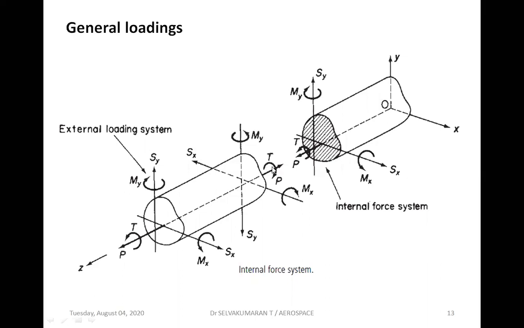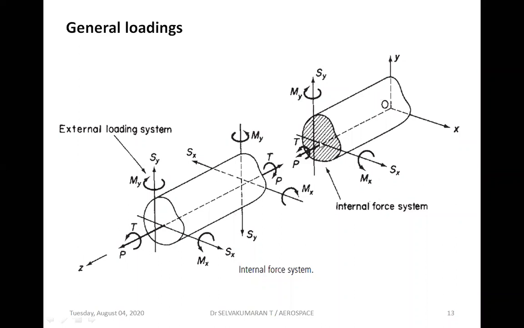You could see on this side, all these forces should be opposite to the direction of the applied external loading. Here you could observe T is anti-clockwise, here clockwise. See here the bending moments, clockwise, anti-clockwise. Here anti-clockwise, here clockwise. Both should be opposite. And the moments acting on this cut section should be opposite to this.